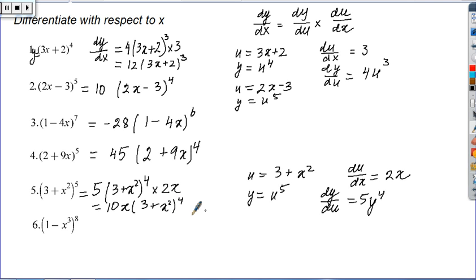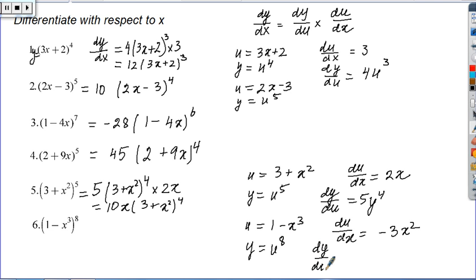Right? In question 6, don't forget that now you're differentiating x cubed, even minus x cubed. So if our u is 1 minus x cubed, then du by dx is going to be minus 3x squared. So our y is u to the power 8, and dy by du is 8u^7.